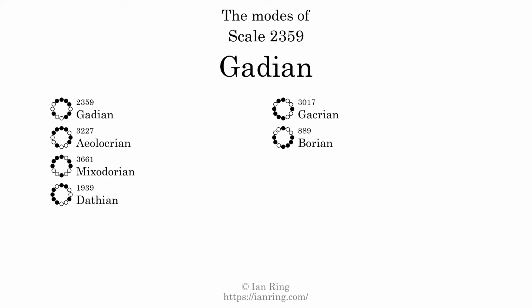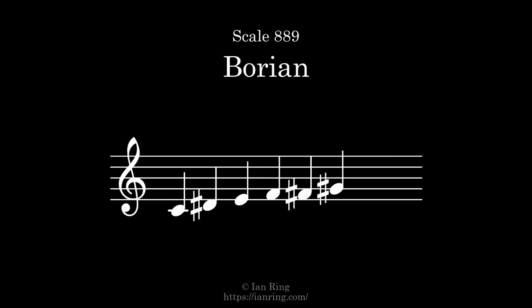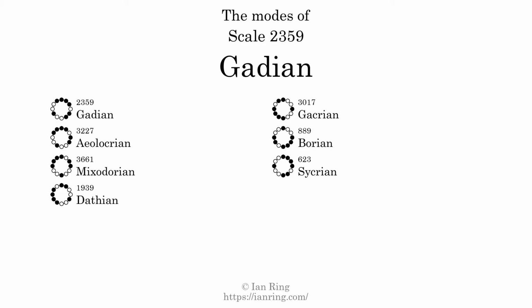The sixth mode is scale 889. Also known as Borean. It sounds like this. The seventh and last mode is scale 623, also known as Cyprian. It sounds like this.